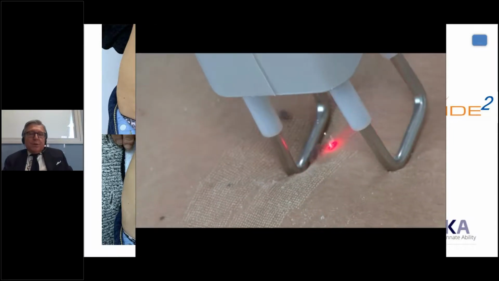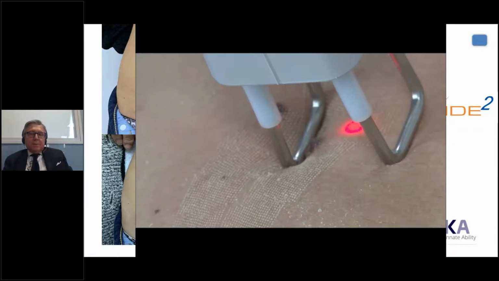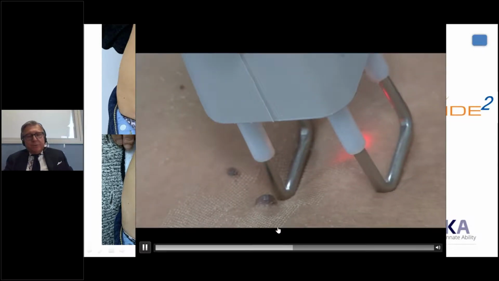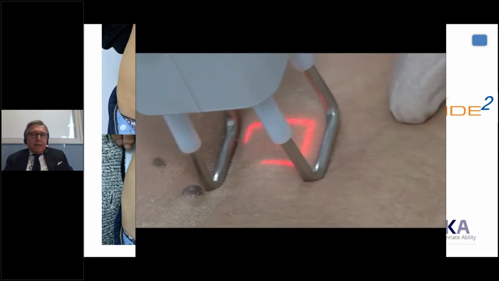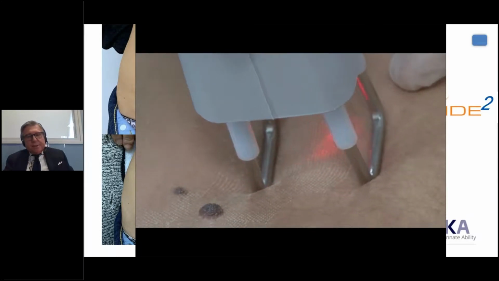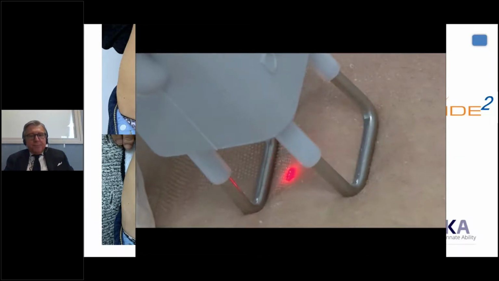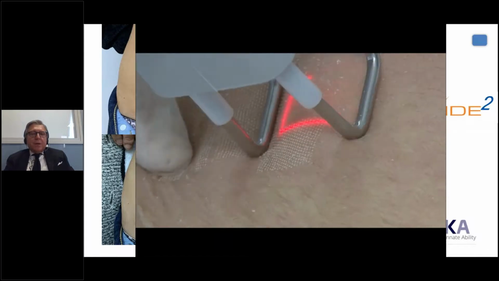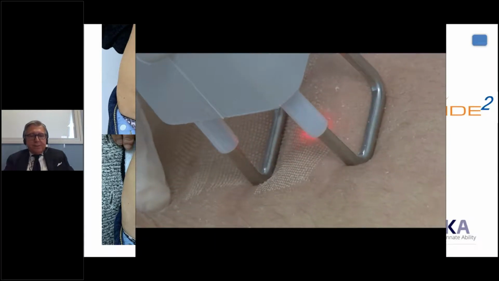You see, we have no or minimal overlapping. This is valid for any kind of treatment, even on the face resurfacing or any other parts of the body, the neck and décolleté. This is the procedure that is always the same. And then we continue to cover the entire area where we have the laxity and stretch marks.